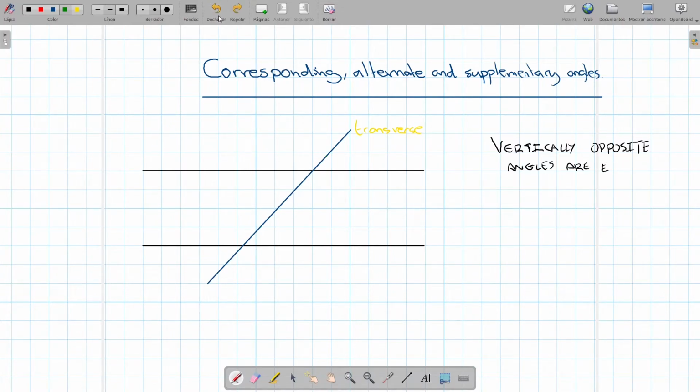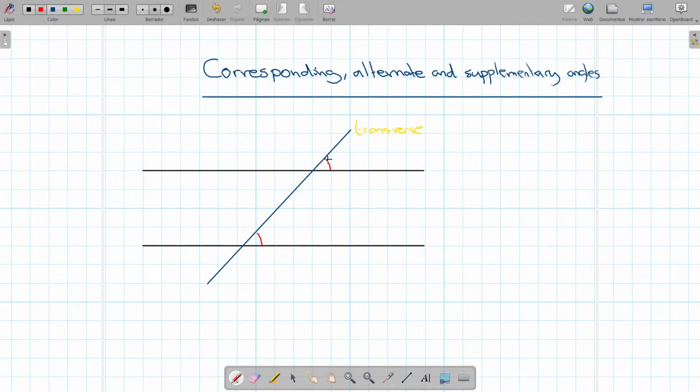Let's look at another type of angle, corresponding angle. Corresponding angles are the ones that are situated in the same place in relation to the transverse line. So, for example, this one and this one are corresponding angles.